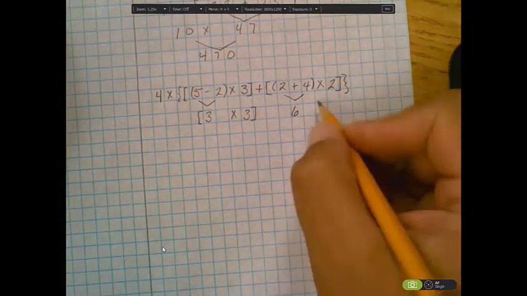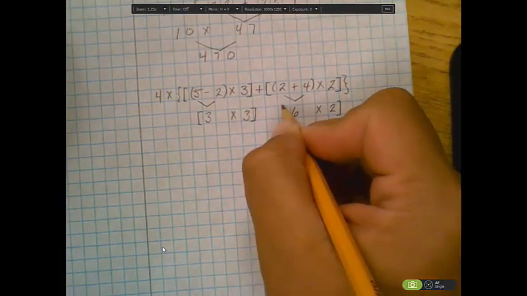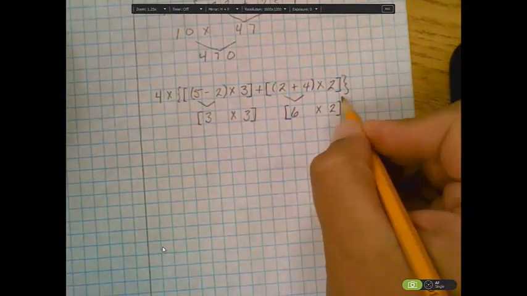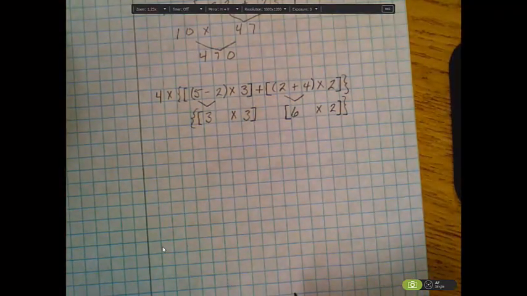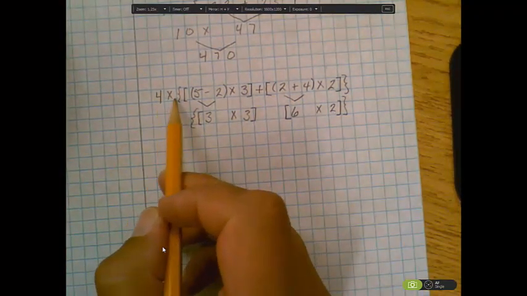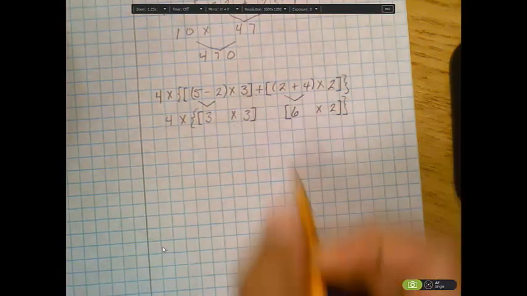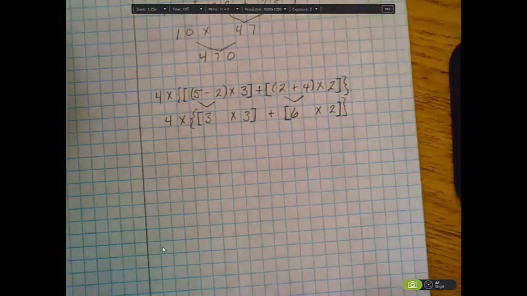We're going to bring down the multiplication sign and the 2, and that's also inside the brackets. We have a curly brace that we need to bring down, and another curly brace that we need to bring down, and then we need to bring down the 4 and the multiplication sign. And then we need to bring down the plus sign as well.